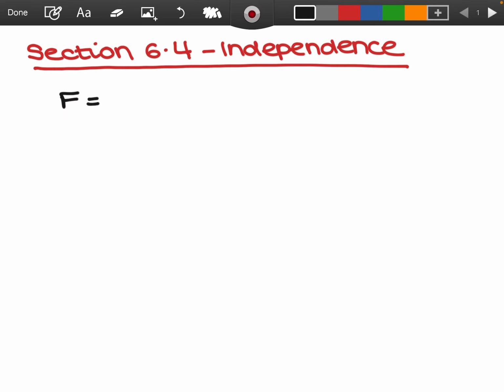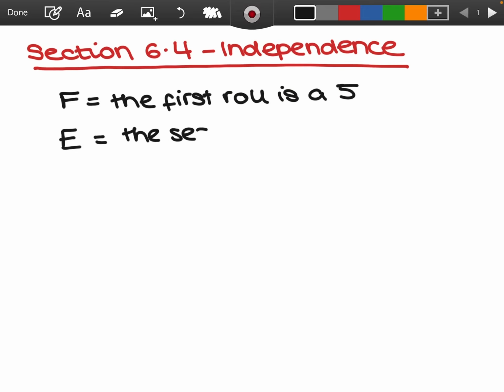Let's say that I have two events. I'm going to roll a die twice, okay? My event F is going to be that the first roll is a 5. And my event E is going to be that the second roll is a 1.